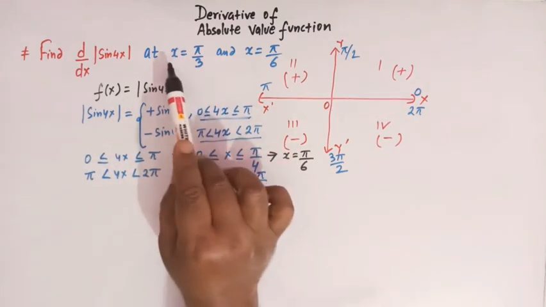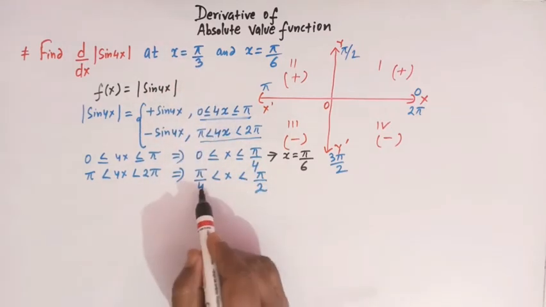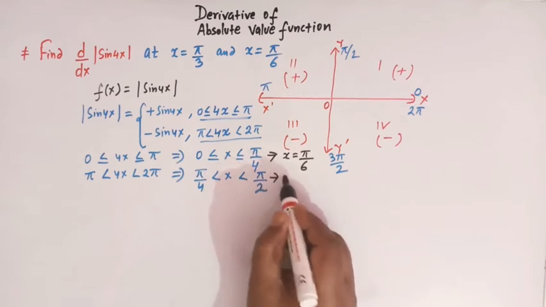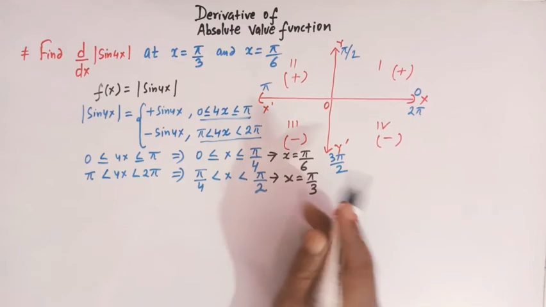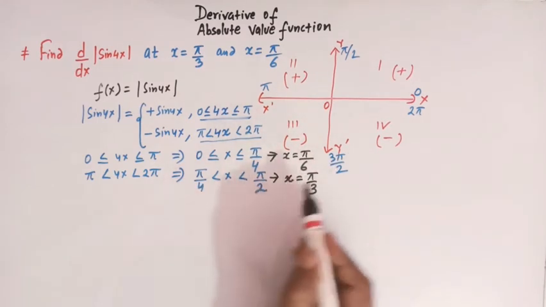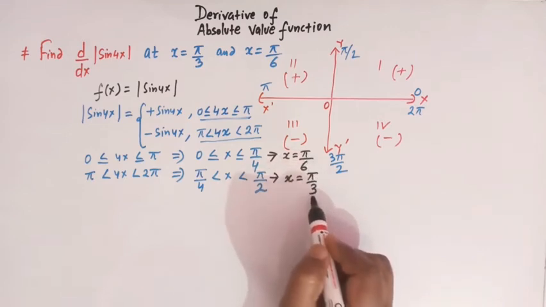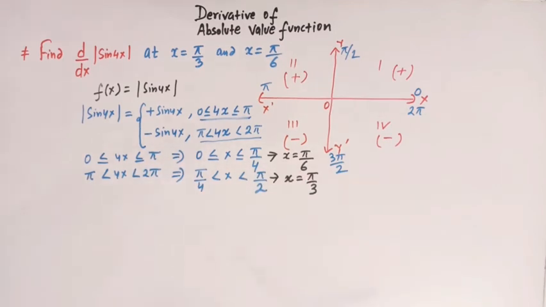And x is equal to pi by 3 lies between pi by 4 and pi by 2. So now we have decided the intervals in which the 2 points x is equal to pi by 6 and x is equal to pi by 3 lie.